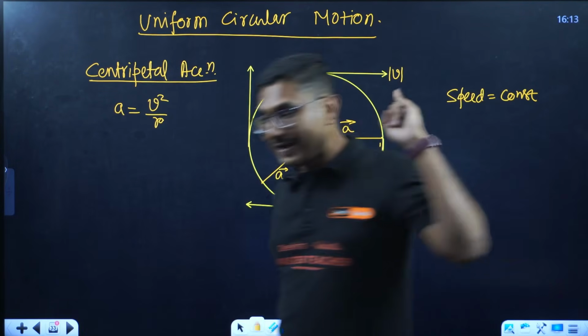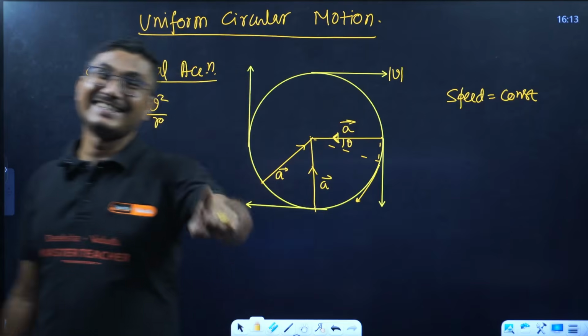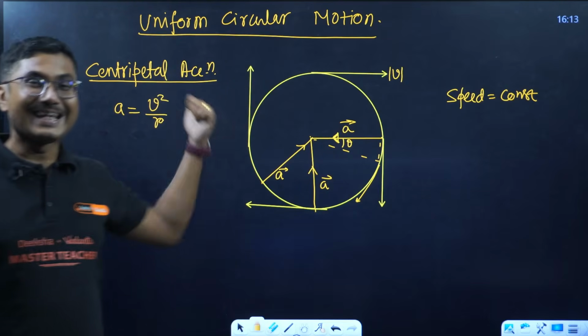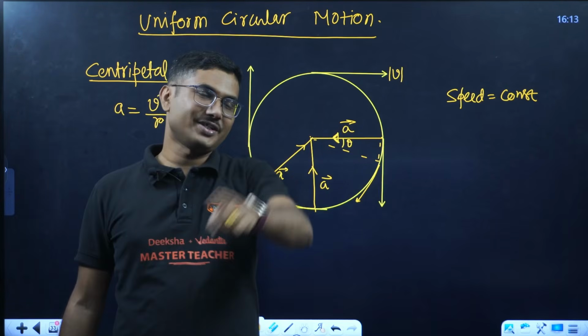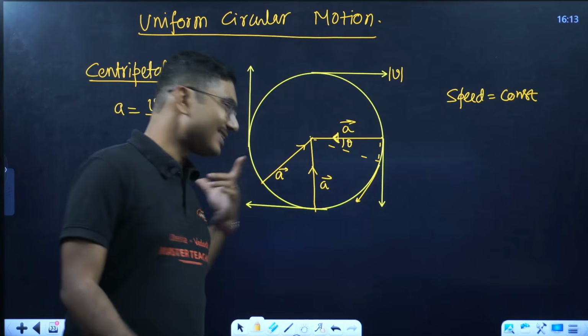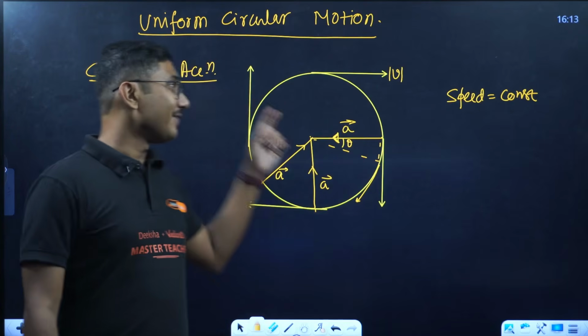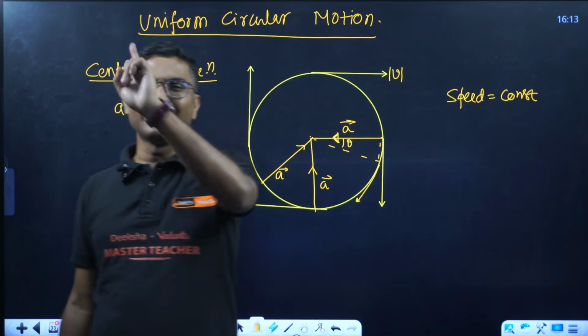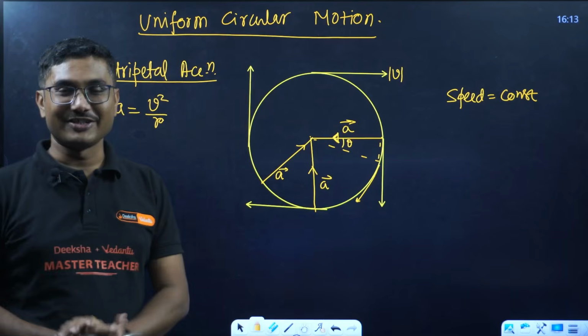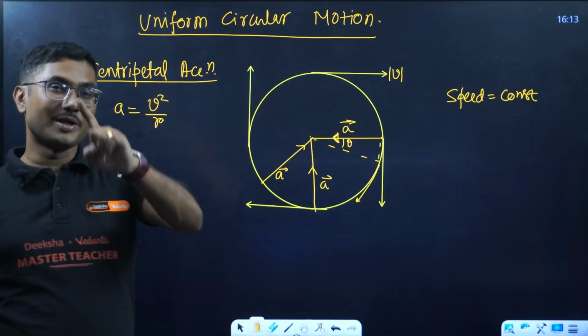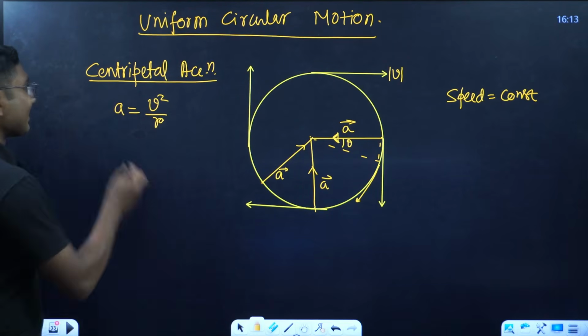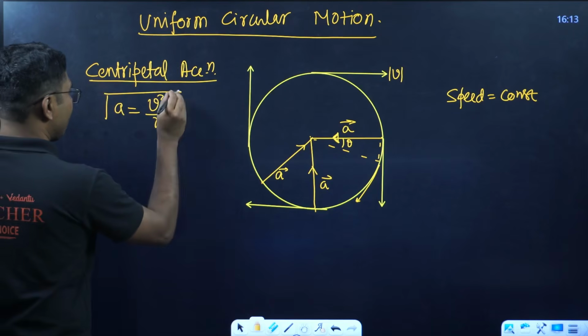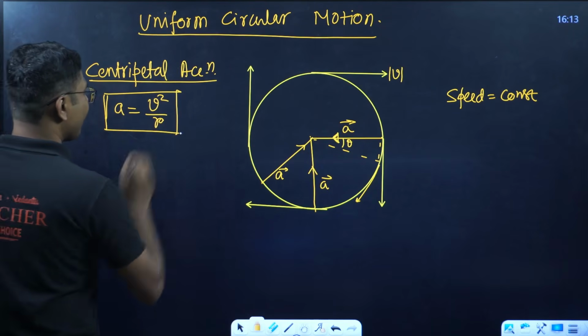No, even if the direction is changing, velocity can give rise to acceleration. If it is happening in a straight line, maybe not, but in a circular path, only by changing the direction, acceleration is changing. So that is a super duper important point. And that acceleration here is called centripetal acceleration. It is given by v square by r.